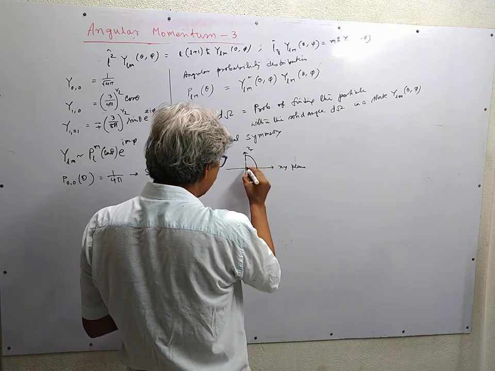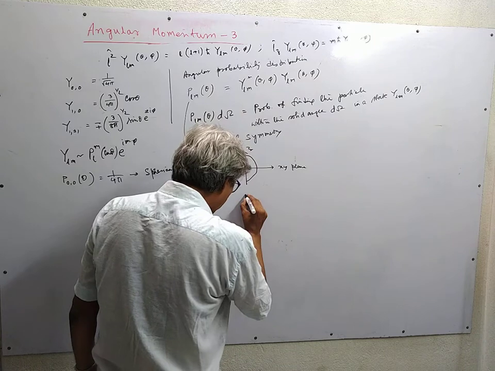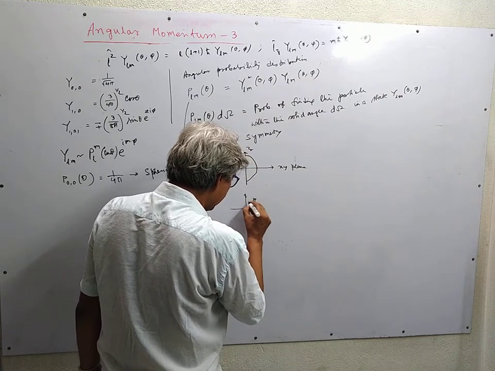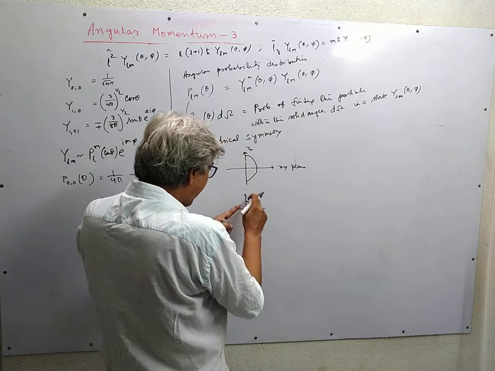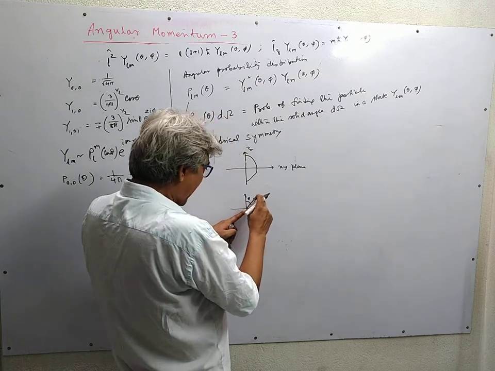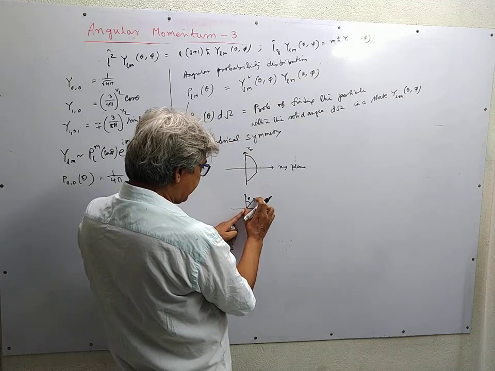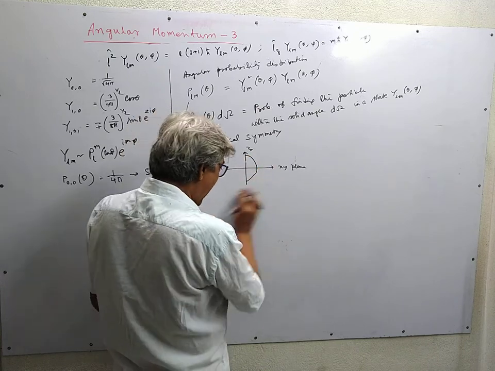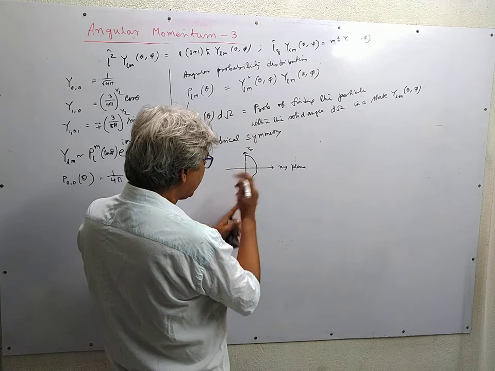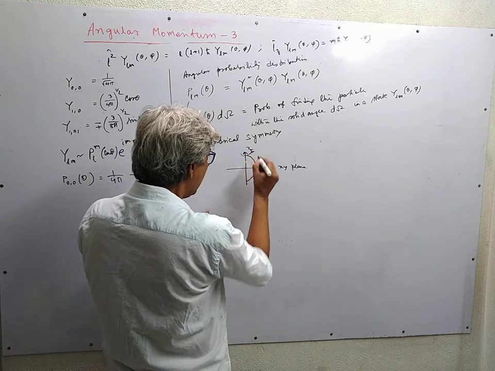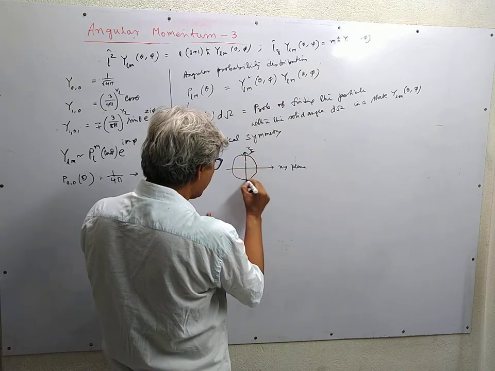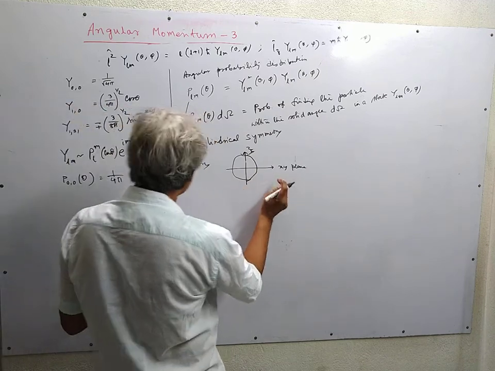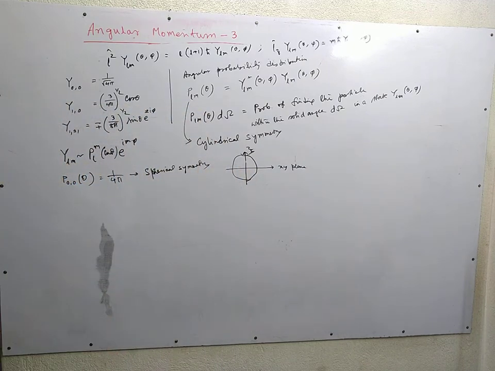For every value of theta, the radius vector is fixed, so it is a semicircle of this form, and whenever you rotate it about the z-axis, a sphere is obtained. That is, we will have a football-like shape. So this is the spherically symmetric case.